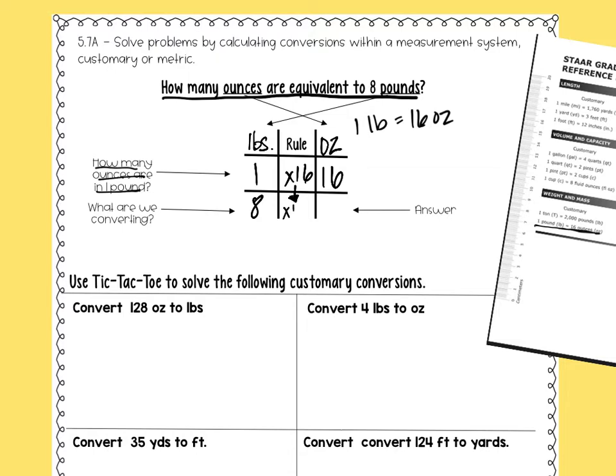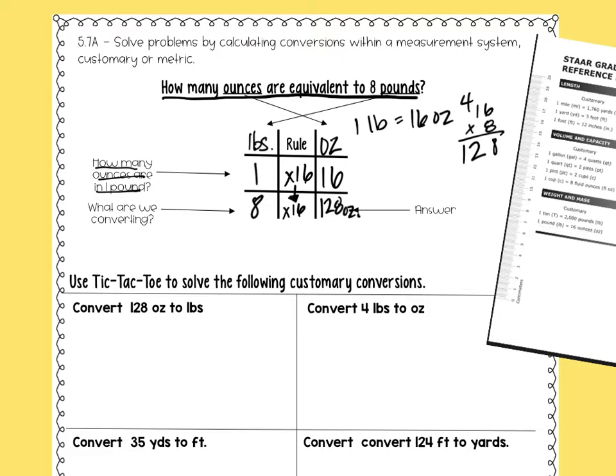So 8 times 16. I don't know all that off the top of my head. So 16 times 8. 6 times 8 is 48. 8 times 1 is 8 plus 4 is 12. So 16 times 8 is 128. And there are 128 ounces in 8 pounds.